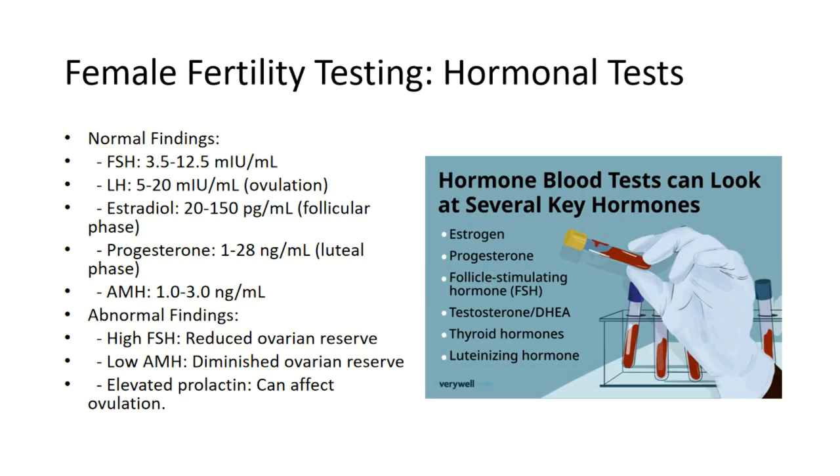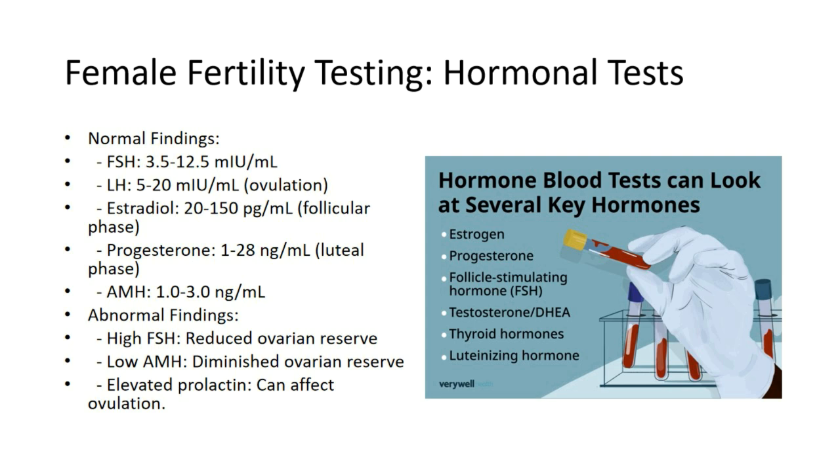Normal findings. FSH 3.5 to 12.5 mIU per milliliter during the early follicular phase. LH 5 to 20 milli-international units per milliliter during ovulation. Estradiol 20 to 150 picograms per milliliter, follicular phase.